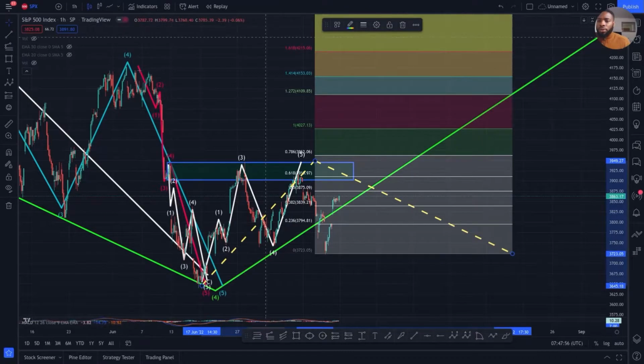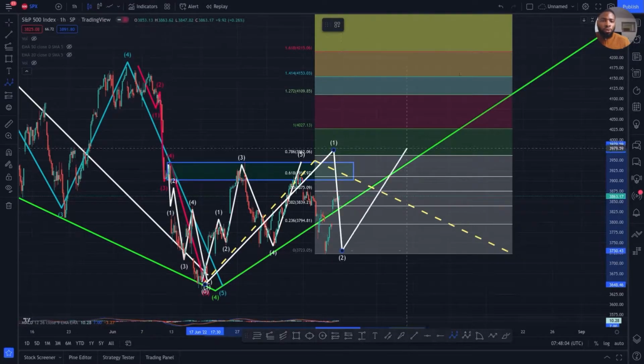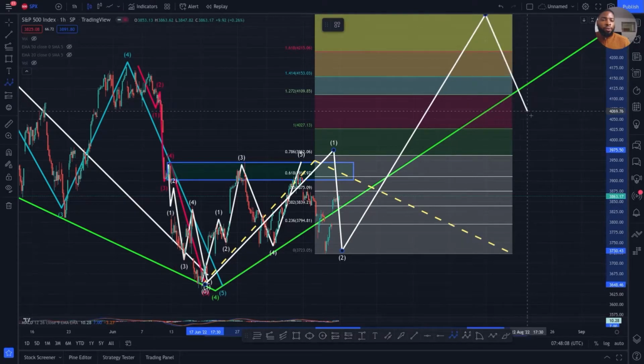So this is what to expect. This is wave 1, which we already had, wave 2, wave 3, wave 4, and wave 5.